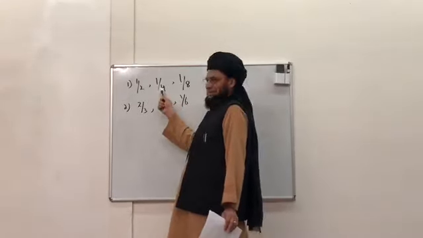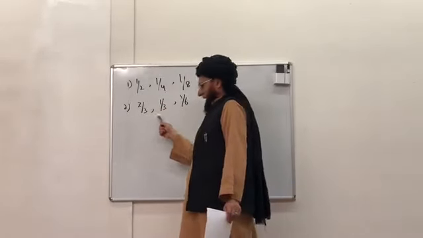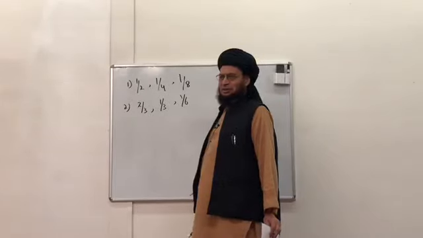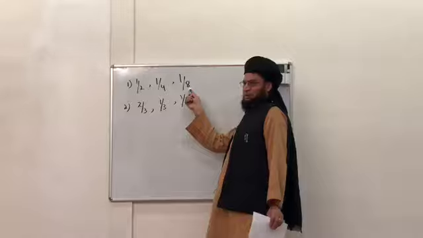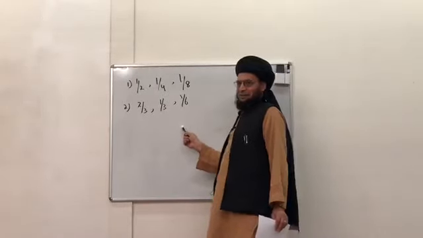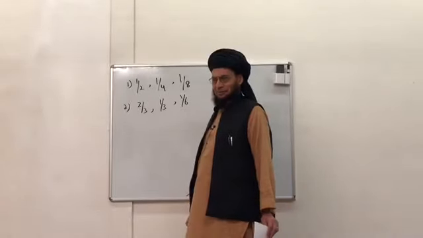If there is a sharer whose share is 1/4, and any one of these 3, so then for sure the denominator will be 12. If there is one sharer whose share is 1/8, and any one of these 3, so then for sure the denominator will be 24.